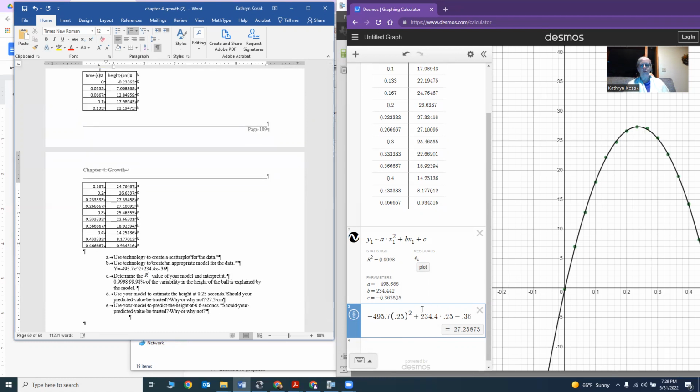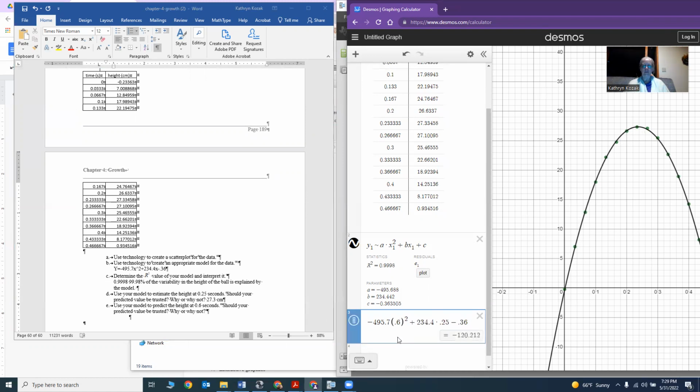Let's go ahead and do it now for 0.6 seconds. So I'm going to change the 0.25 to 0.6. And I get negative 38. Now you might think, well, I can't get a negative height. But we are throwing this from a table. And if it goes off the table, it could have a negative height because it could fall down below the table. So the negative isn't really what clues me into there's a problem.